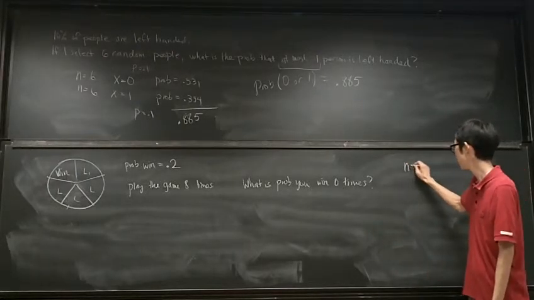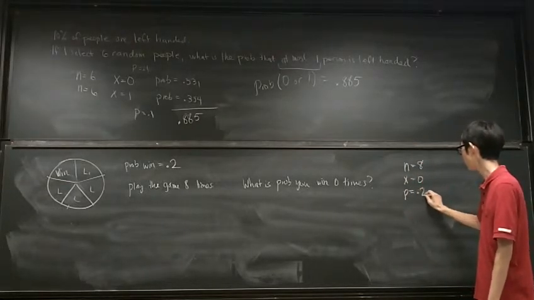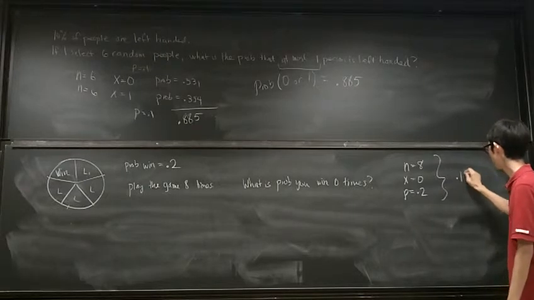I have n equal to 8, x equal to 0, and p equal to 0.2. So the answer is 0.168.